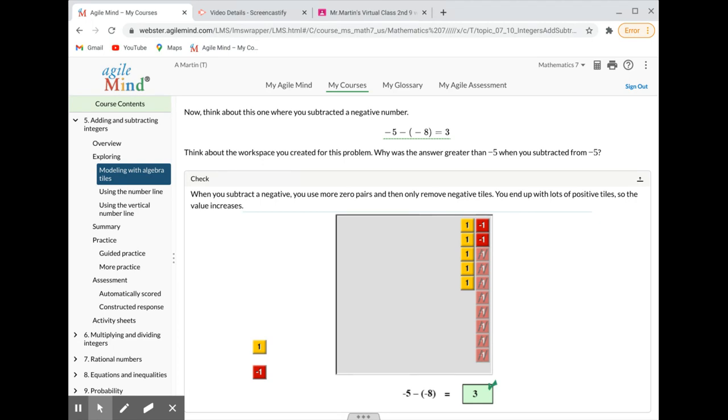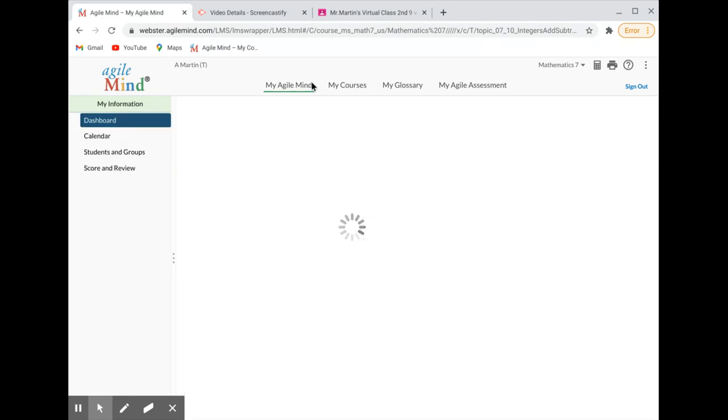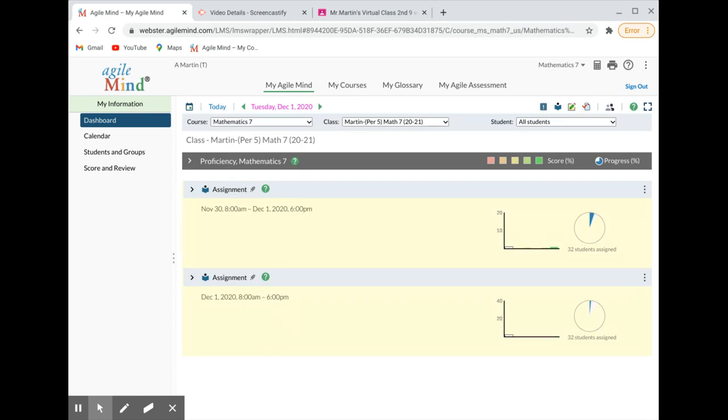Okay. So what we're going to do is I have put an assignment in the computer. Y'all actually did problems 1 through 3 yesterday, but we're going to do problems 1 through 5 for more practice. I got it in the computer already so that you can get credit for it. You're going to click My Agile Mind, and then click Assignment.